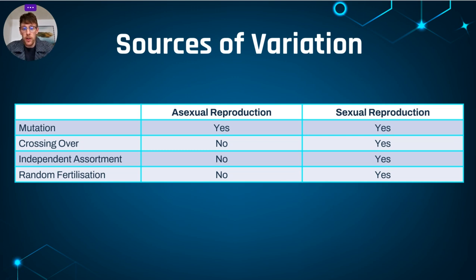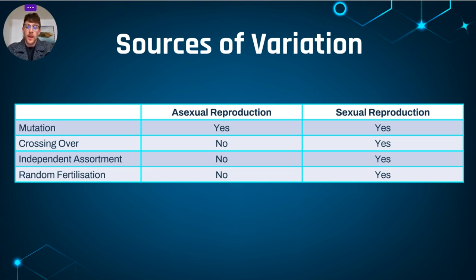Do we see any of the following occurring in the comparison between organisms that do asexual reproduction versus sexual reproduction? So asexual being bacteria, sexual being organisms like us. We see all of those reasons for variation occurring in sexual reproduction.